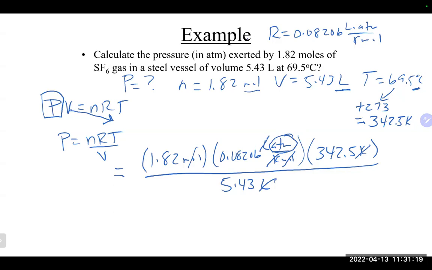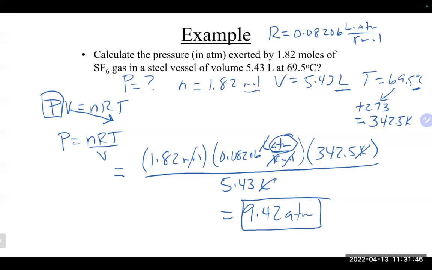That is going to leave just atmospheres left in terms of the unit, which is good because we're looking for a pressure. 1.82 times 0.08206 times 342.5 divided by 5.43 gets us a pressure here of 9.42 atmospheres, which is a pretty big pressure there.